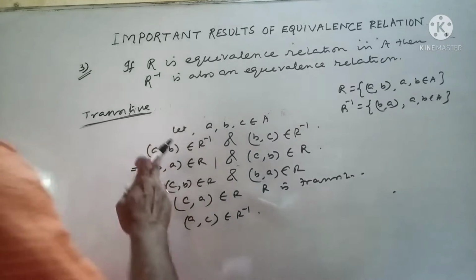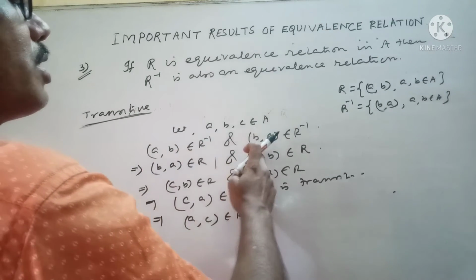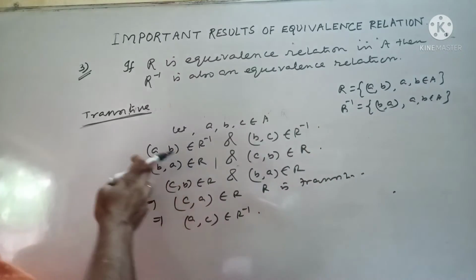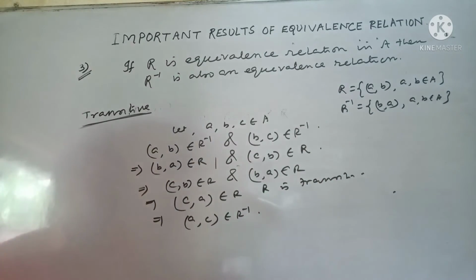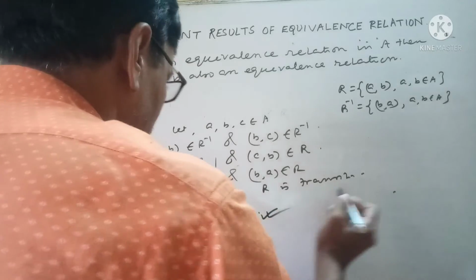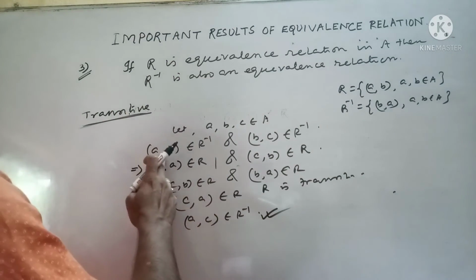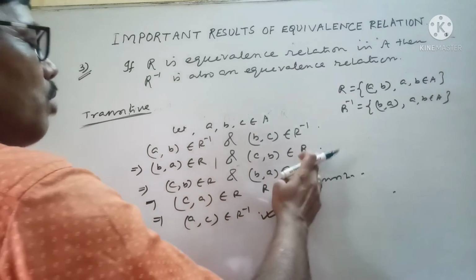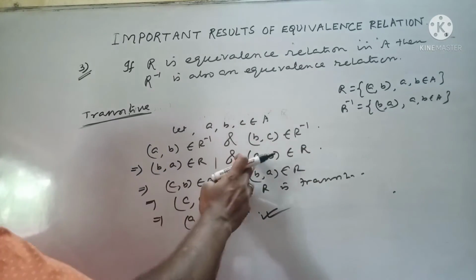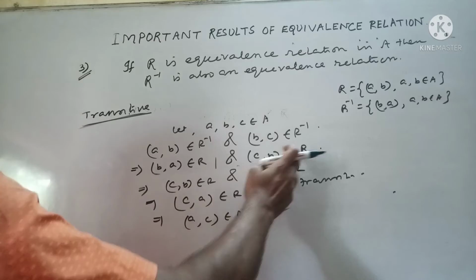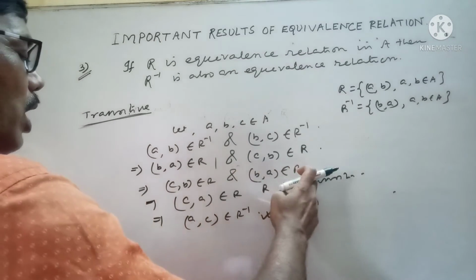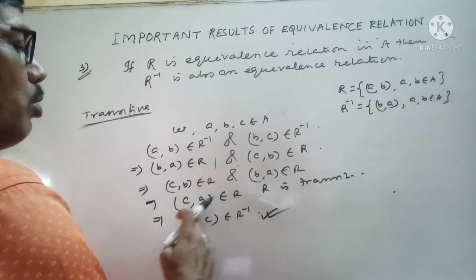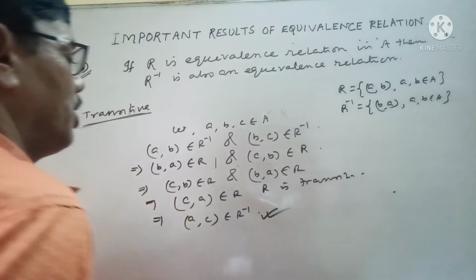Listen again. AB belongs to R inverse, BC belongs to R inverse. We have to prove AC belongs to R inverse, and we have already got it. So BA belongs to R, and CB belongs to R. CB belongs to R and BA belongs to R implies CA belongs to R, because R is transitive.